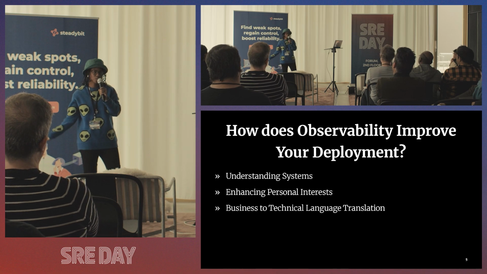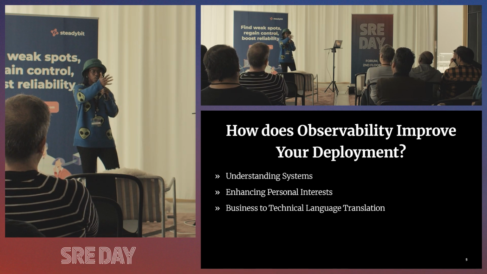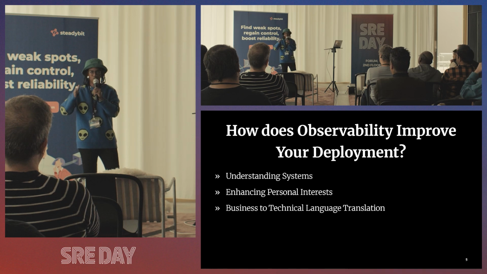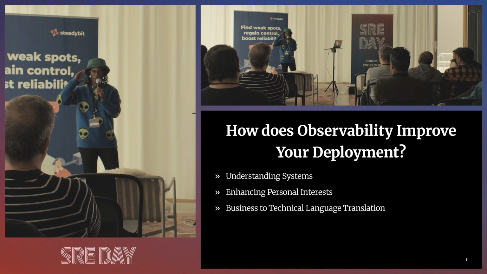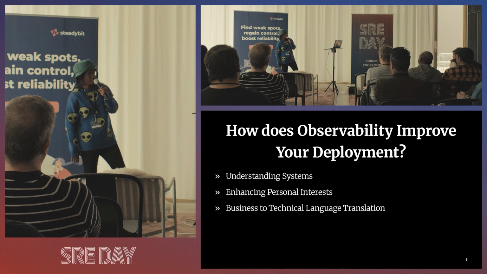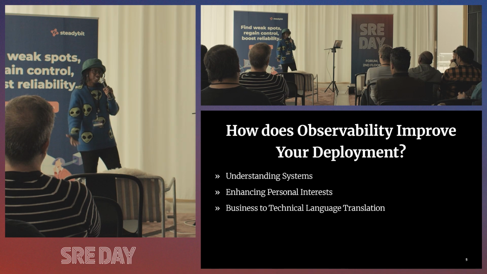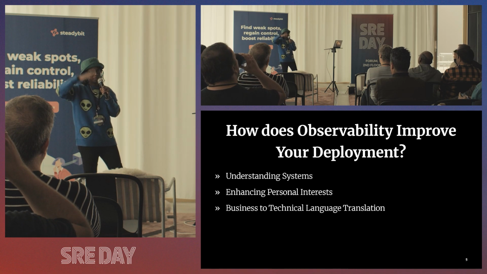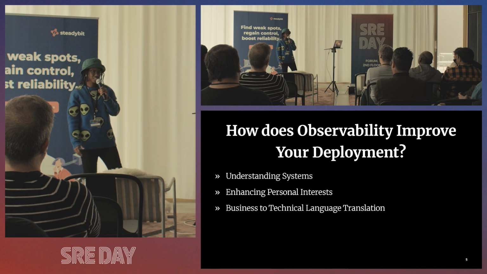And enhancing personal interests. So we all work in teams, right? The thing about working in a team is, to be honest, you probably only care about your thing. So if you're working with one service, I'll just use the billing service again. Let's just say I'm the cart service and I'm working with the billing service, and these are our teams based on our services.